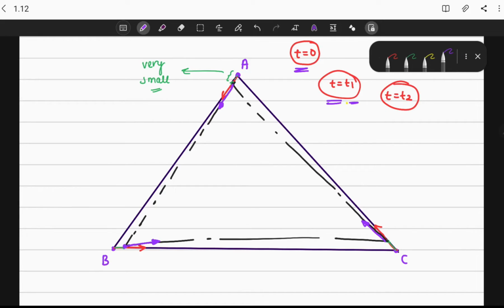Again, point A will move by some small distance in this direction, point B will move by some distance in this direction, and point C will move by some distance in this direction. Now again, let us connect these 3 points.